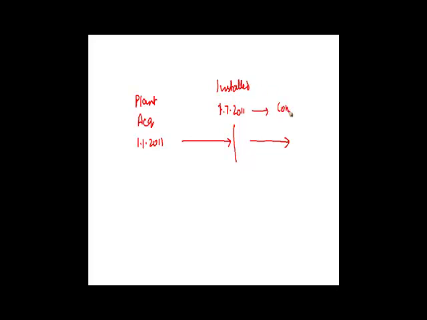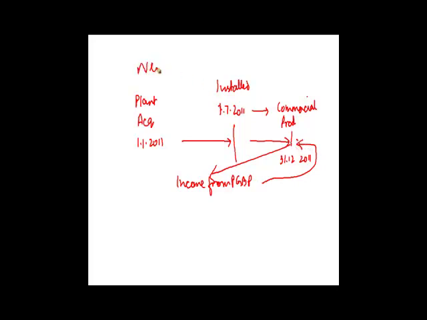And the commercial production started on, let's say, 31/12/2011. Now, for computing your profits and gains of business and profession, the business should have been started. So therefore, when you compute your income under the head PGBP, income from PGBP will start only after you have commenced commercial production. This is again in case of a new business.